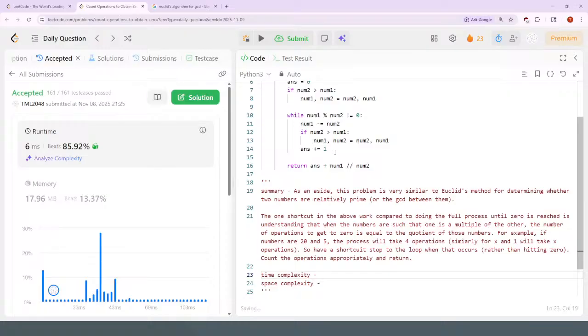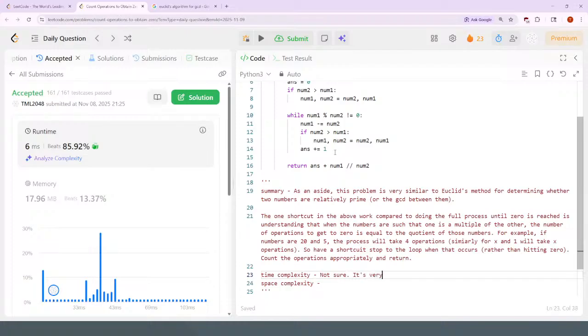Okay, time complexity. This is going to be O of... that's an interesting question. What's the time complexity here? How many operations? O of... actually, not sure.